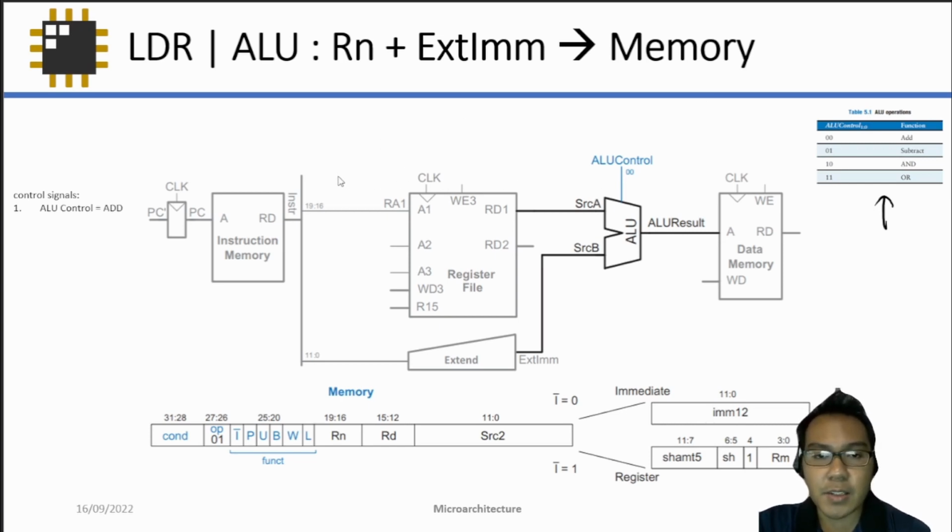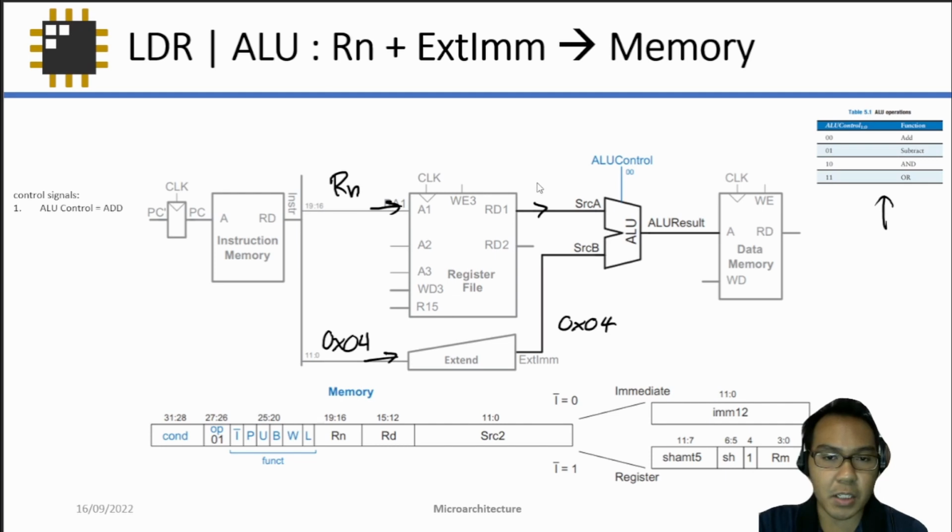Now, we had Rn here, and then the 0x04 goes in here, still 0x04 but 32 bits now, and this is the contents of Rn. So how do you specify Rn again?